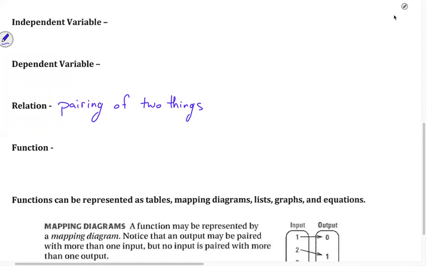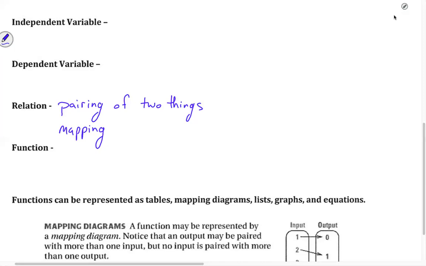A relation is a mapping telling you where one thing goes to something else. We're just putting two things together. We say this goes to that, and that's it.